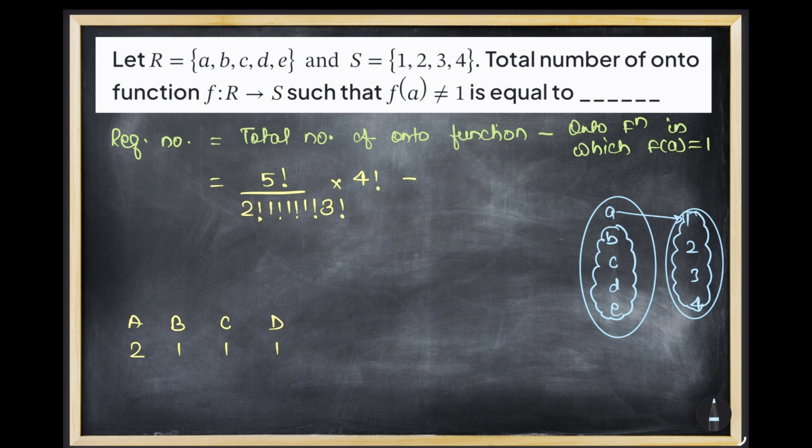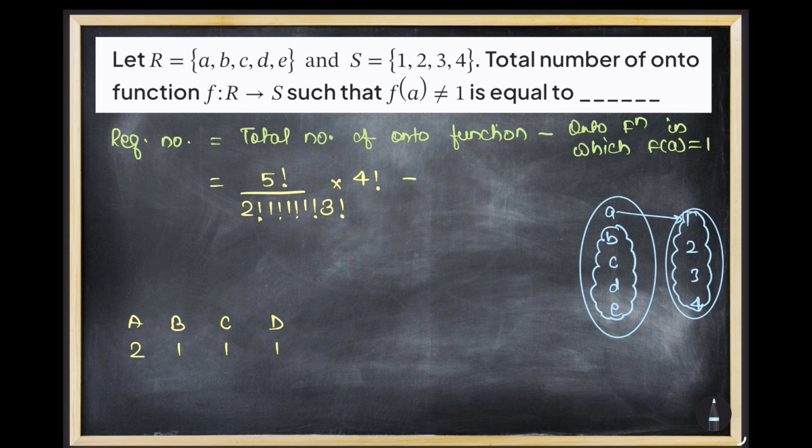People may connect itself with no one, means 2, 3, 4. But every person from the second group should be involved. Then only you can have an onto function. So you have 4 people in your bubble and 4 people in that bubble. So you have to create how many groups? You have to make 4 groups of 1 person.